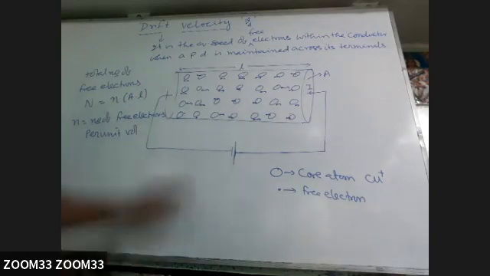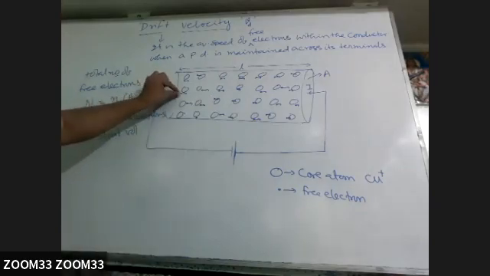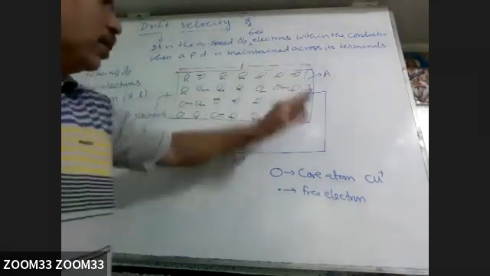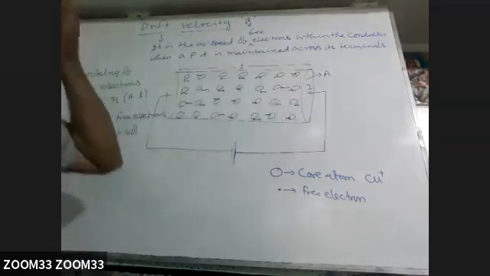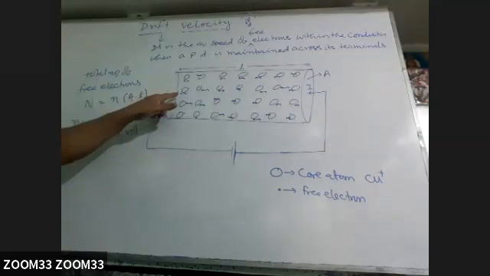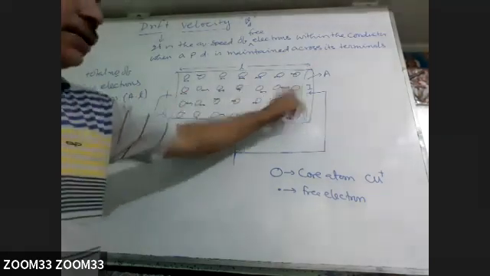now suppose during time interval T, this electron has reached to this place. The electron is going this way. So what is the average speed?